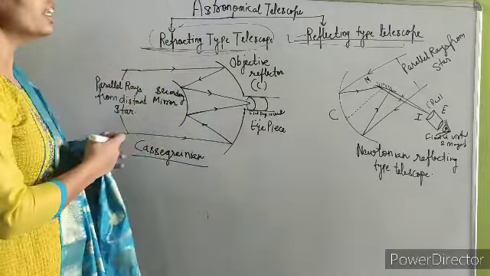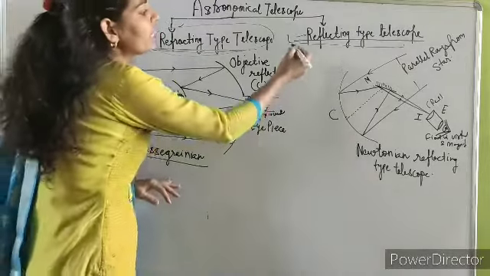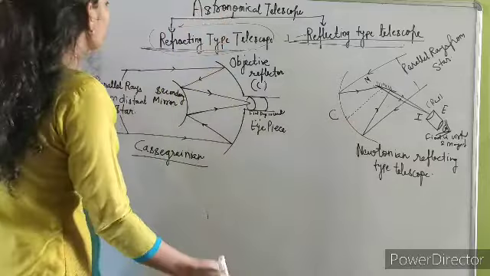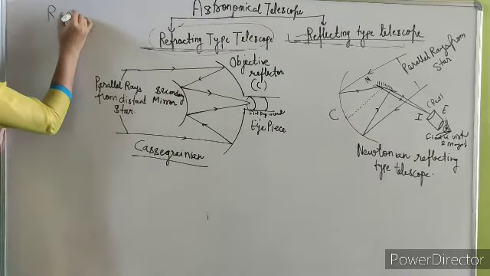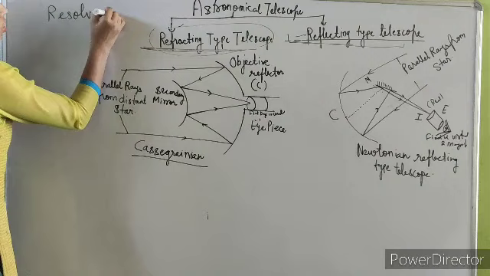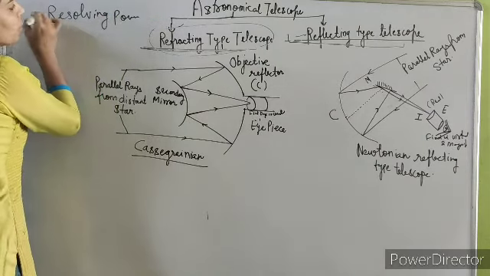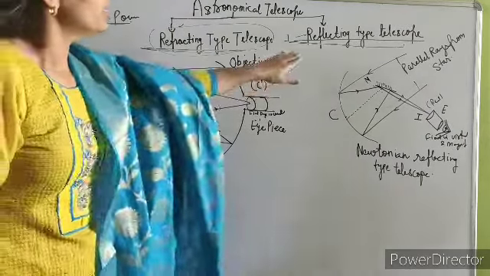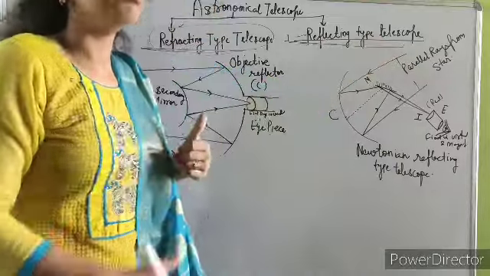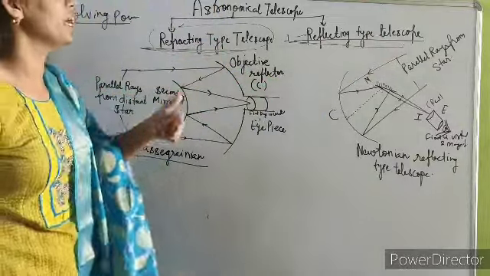Third is the resolving power of the reflecting type telescope. Students, I am talking about the resolving power. The resolving power of the reflecting type telescope is much greater than that of the refracting type of telescope.